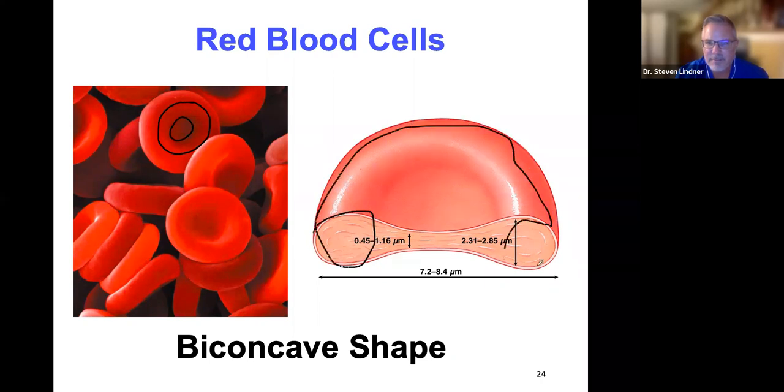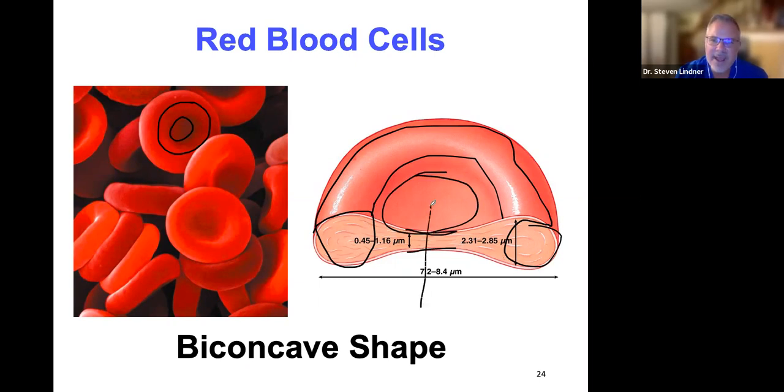And this inner portion, the inside of the donut, is thinner. So light can pass through the center of a red blood cell, which typically gives the inner part of the donut a lighter appearance. The red blood cell, the RBC, is like a biconcave shaped disc.